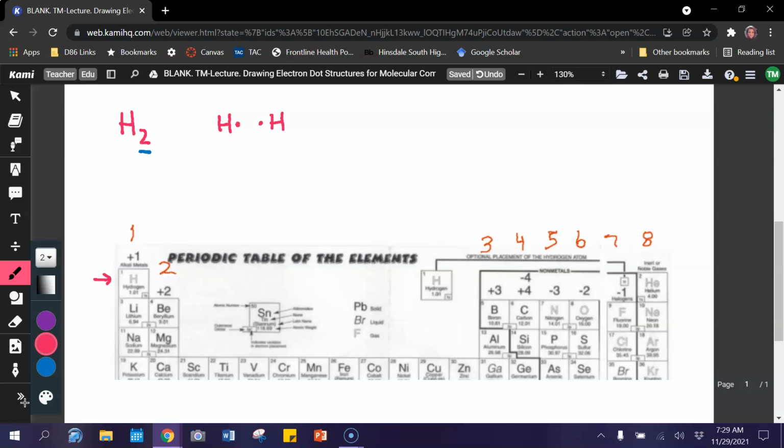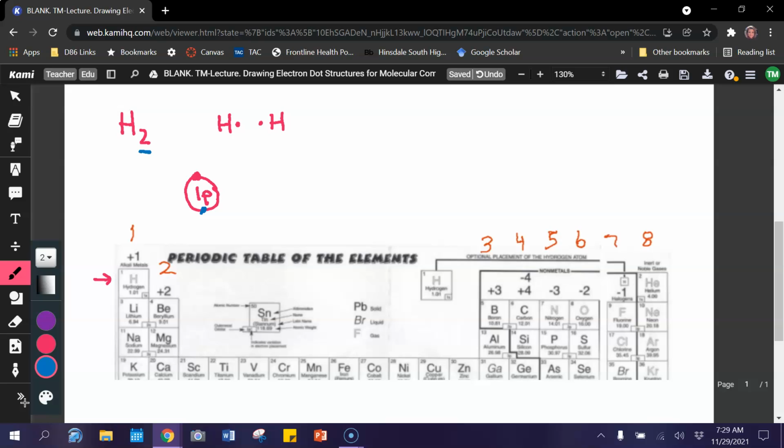Now remember that hydrogen is kind of an exception to the rule. Hydrogen has only 1 electron in its 1 energy level. It doesn't want 8 electrons. It only wants to gain 1 more in order to complete its valence shell.